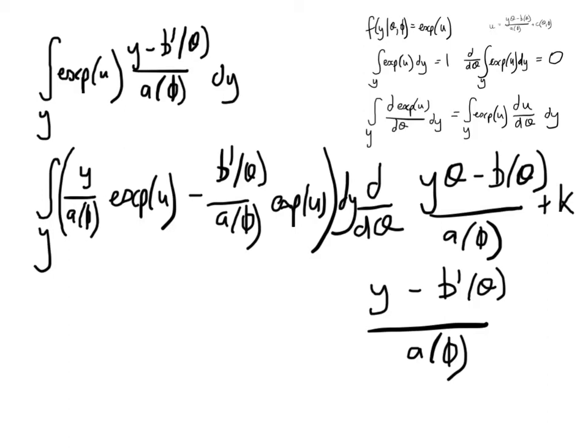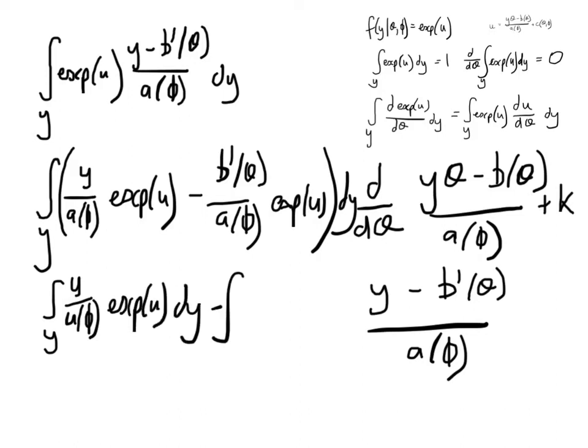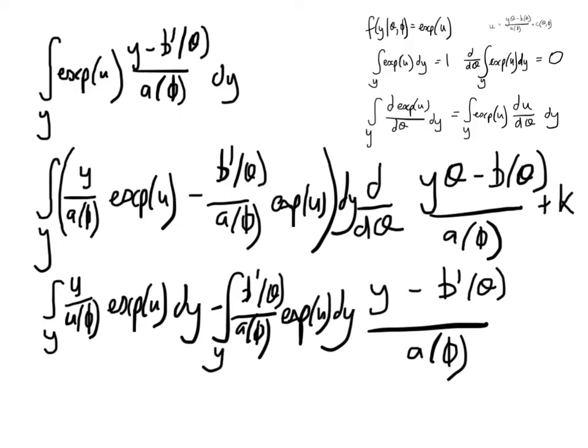Next thing I can do, quite simply, is to break this into two procedures. I'm integrating y over a of phi exp u dy, and I'm subtracting the integral of b prime of theta over a of phi exp u with respect to y.